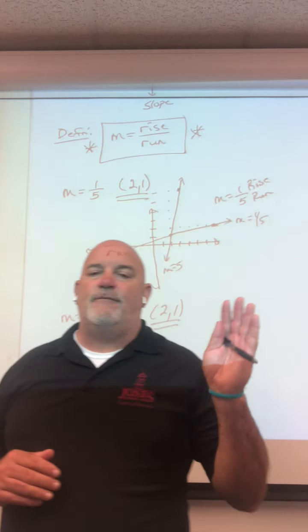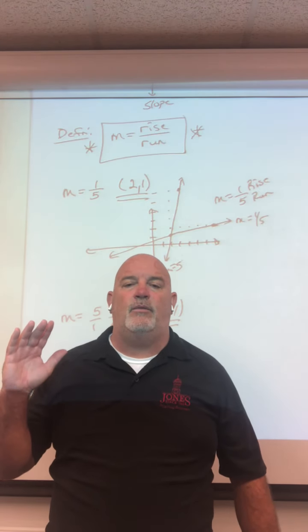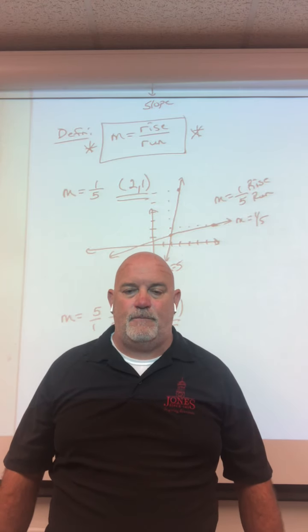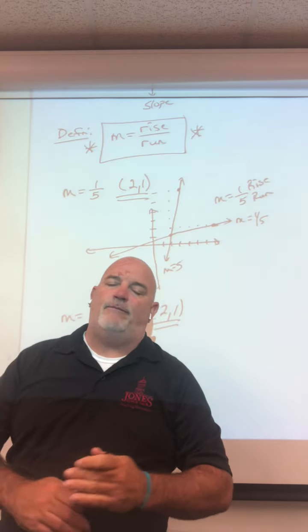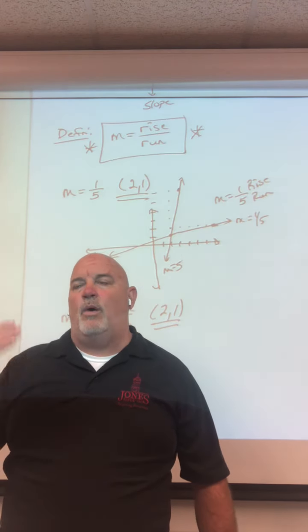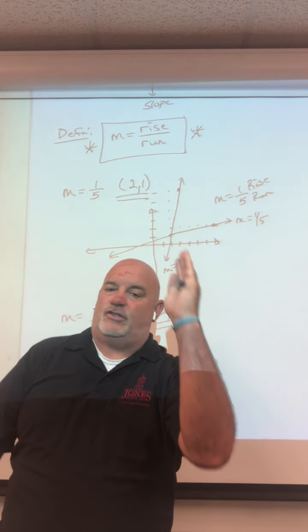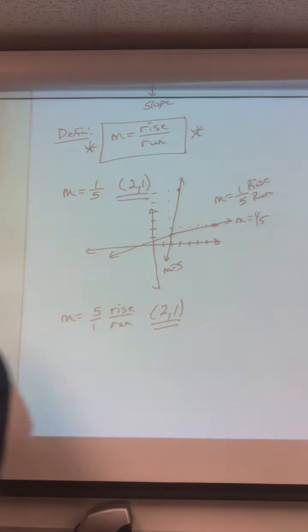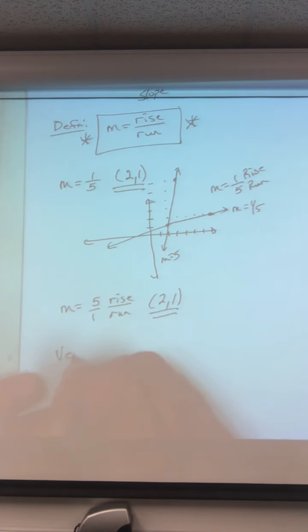Now, when you hit vertical, here's what we say. We say that the slope is so big, we don't even give a value to it. So if I ask you what's the slope of a vertical line, if you said infinity, you would be correct. But instead of calling it slope infinity, it's just so astronomically big, we just say that the slope of a vertical line is undefined.